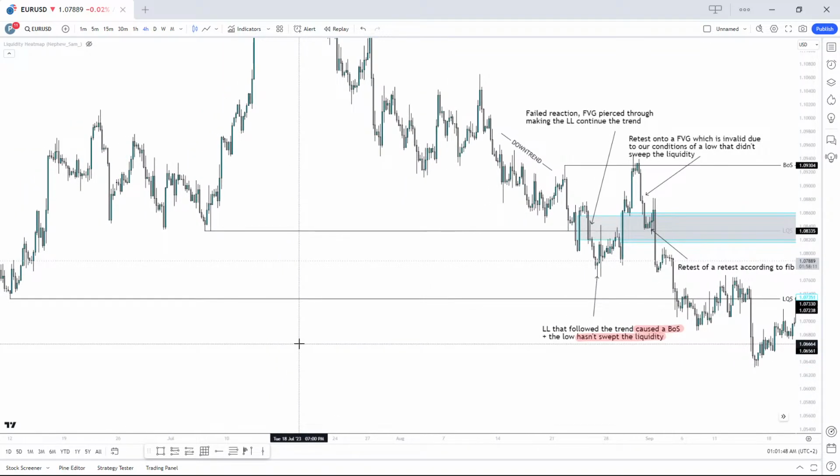So retest onto a fair value gap, which is invalid due to our conditions of a low that didn't sweep the liquidity. And therefore, we have another reaction that actually tests a retest according to the Fibonacci. So this is, I think, the whole concept covered for the downtrend and uptrend.